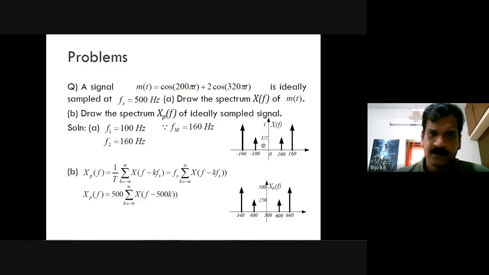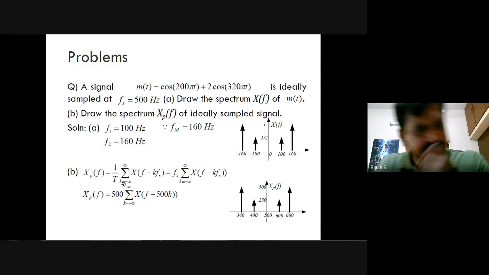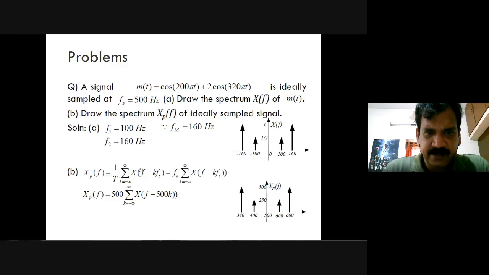Xp(j omega) can be written as 1 by T times the sum of X(f minus k Fs).